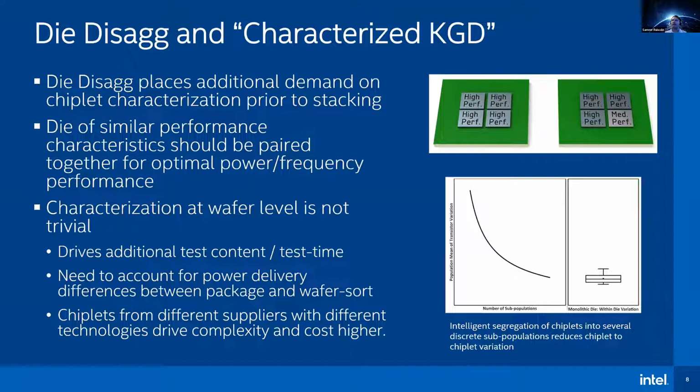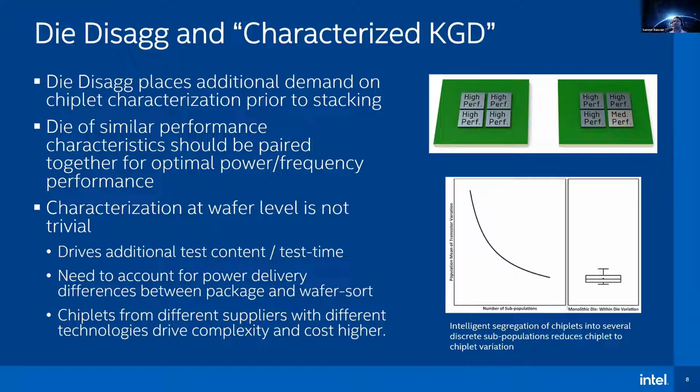If we don't do that, we have a risk of either higher yield loss or loss of performance in the final package. So to achieve this, however, we need a more robust wafer sort strategy at the die level.